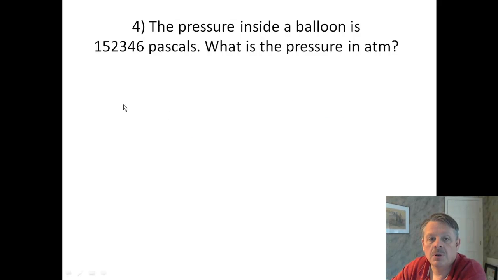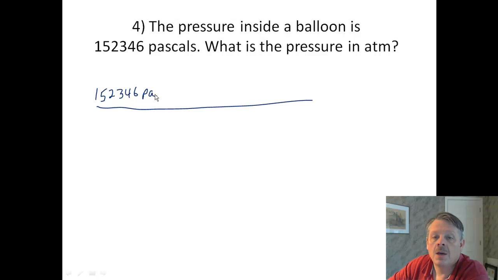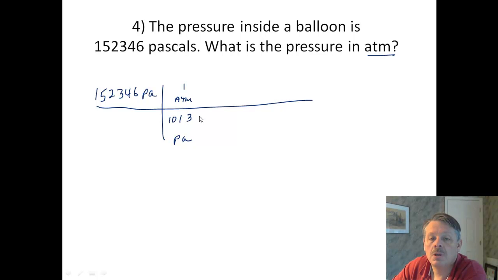Very important. The pressure inside the balloon is 152,346 pascals. That means I want to get rid of pascals, and in this case I want to go to atmospheres. And I do have a direct conversion between pascals and atmospheres. Now 1 atmosphere is 101,325 pascals.